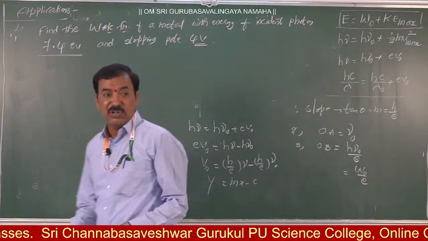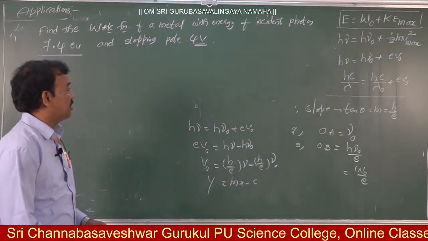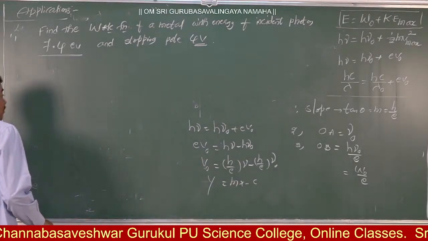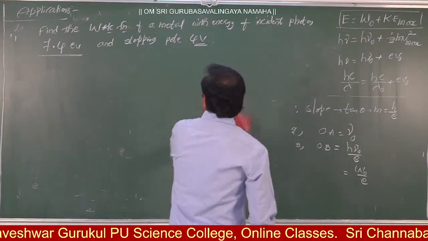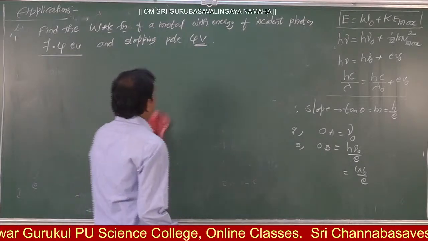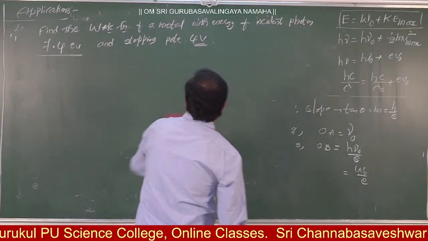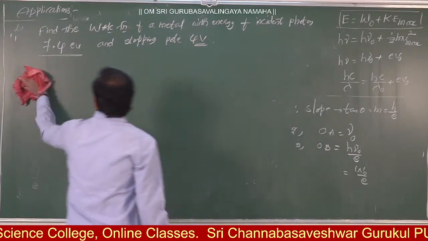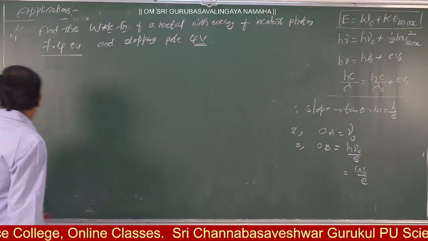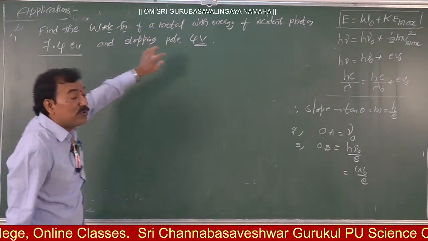First think about this question, and then the solution. Find the work function of the metal with energy of incident photon 7.4 electron volt and stopping potential 4 volts.